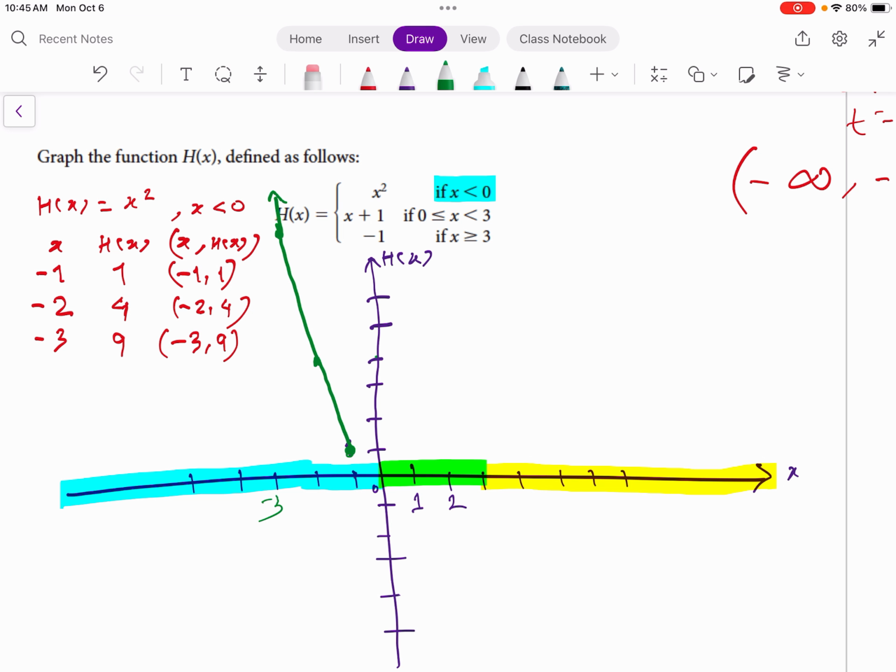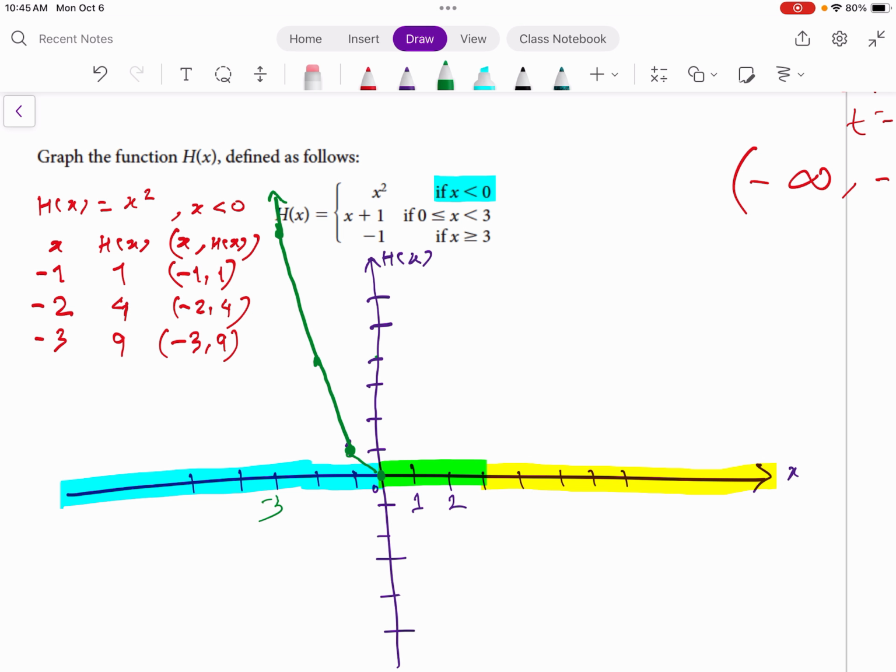Our x is less than 0, right? We can extend our graph up to 0, but we cannot cross 0. So let's extend this graph up to 0. Our x equals 0 is here.